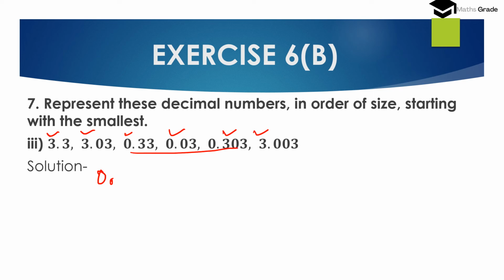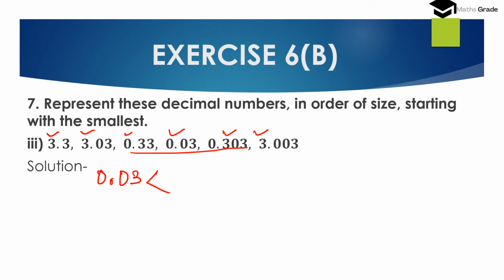Now compare these three decimals, 0.33, 0.03 and 0.303. In the 10th place, here 3 is in the 10th place, here 0 is in the 10th place and 3 is in the 10th place. So 0.03 is the smallest decimal.